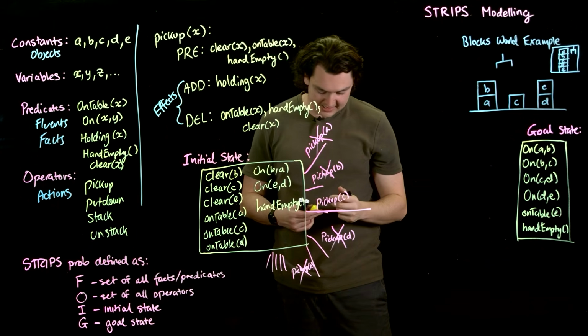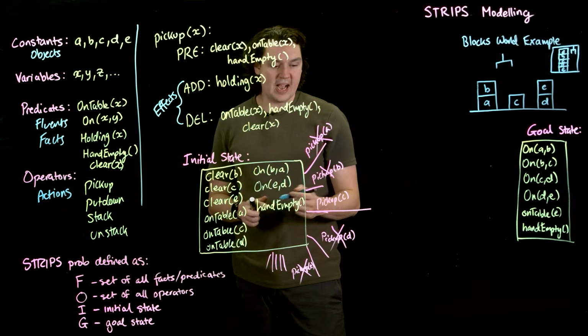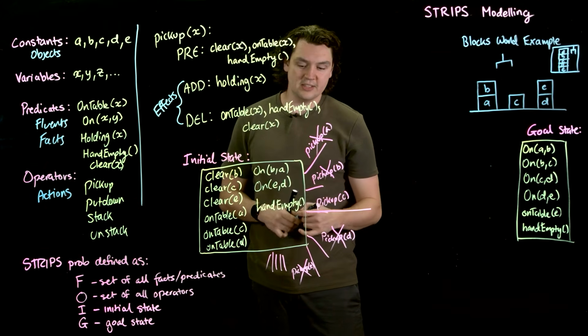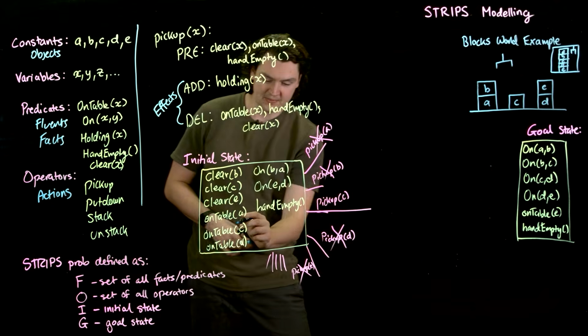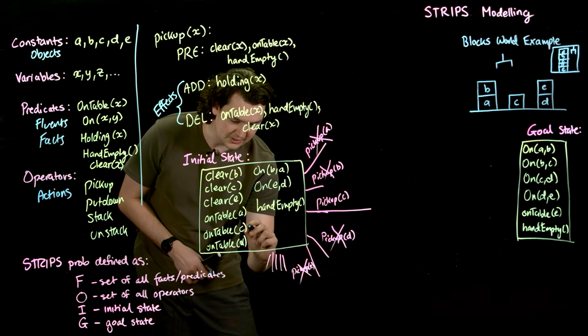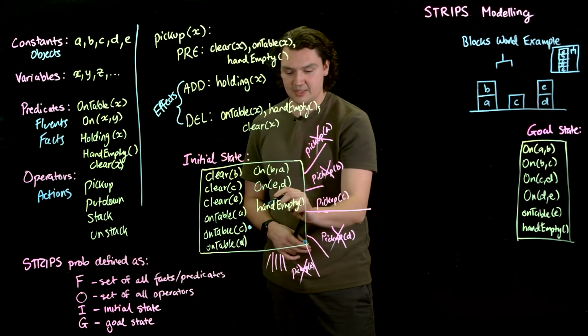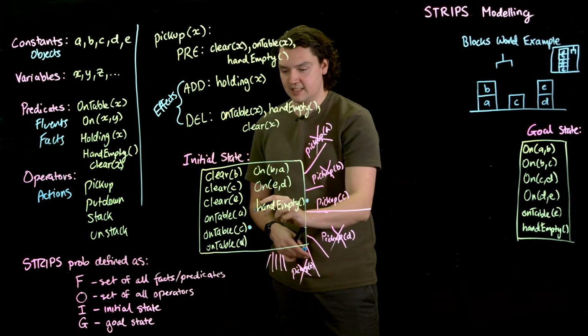But we look at the initial situation, and we go to add new facts, which I'll do at the end. Let's talk about deletions. So on table, we delete on table C. This, we're going to delete, okay? We're also going to delete hand empty. That's this guy. And we're going to delete clear C.